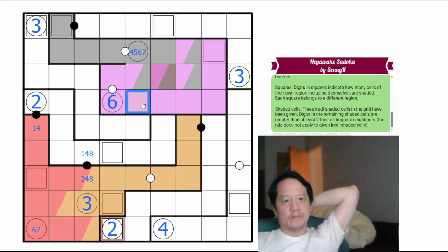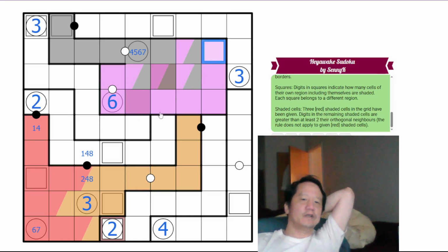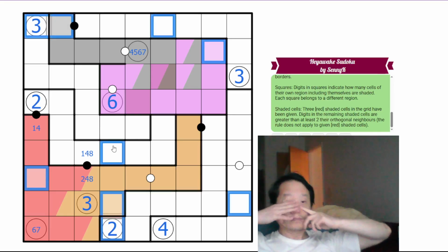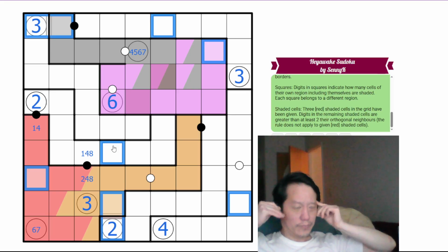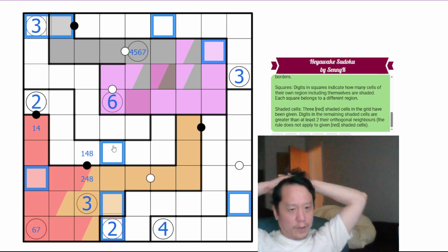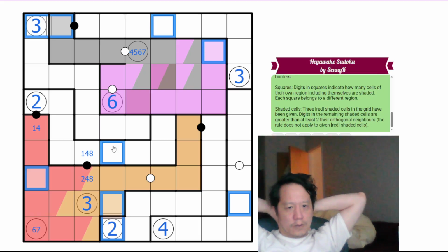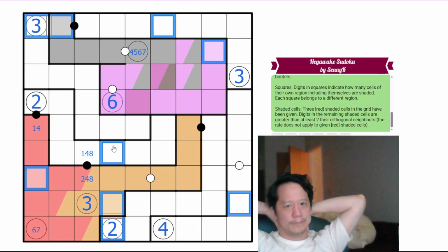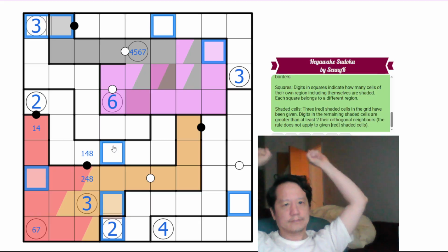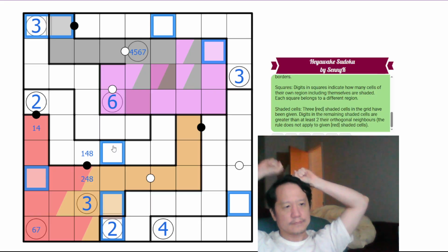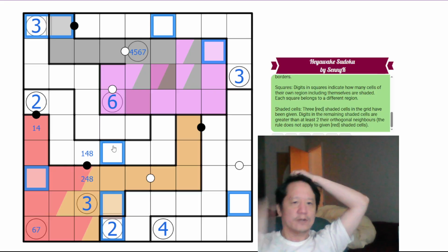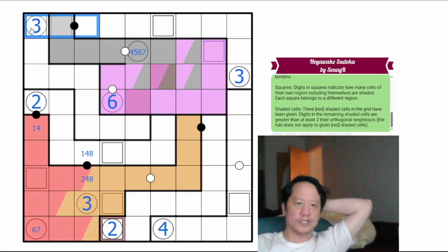Obviously, there's at least 1 in every one of the squares. One of these three is shaded here.